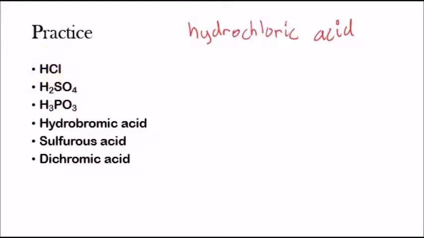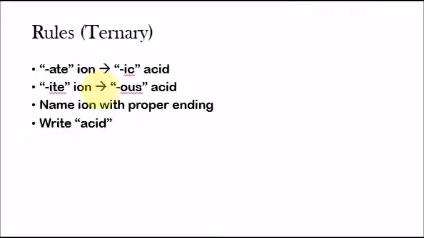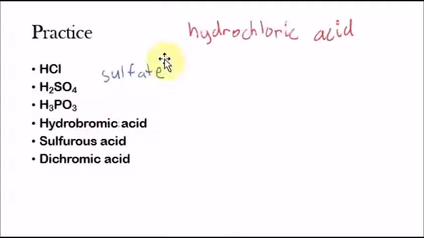So SO4 2- is sulfate. Because we're looking at an ion which ends in ate, it turns into an ic acid. So the name of this acid right here is sulfuric acid.